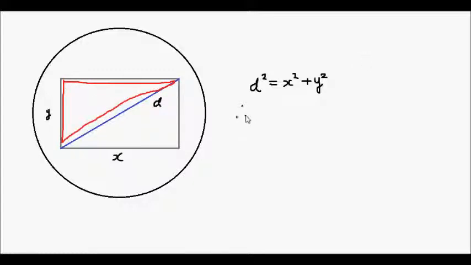Therefore d is equal to the square root of x squared plus y squared. Now that we've found our expression for the diagonal length, let's look at this problem along the cross-section of the diagonal.